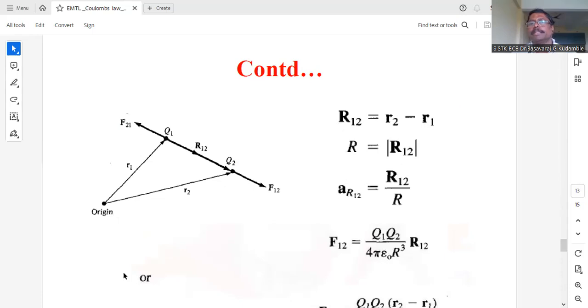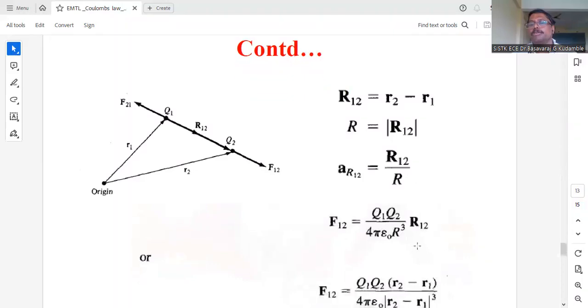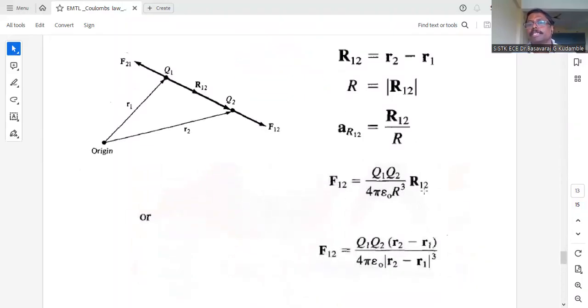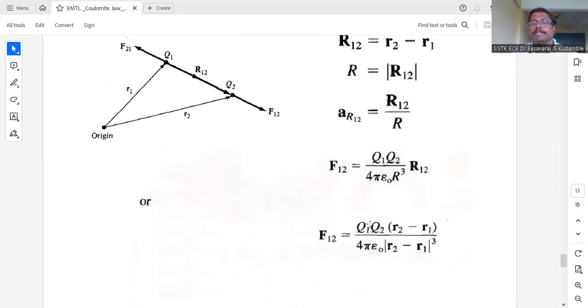The direction vector is given by the R12 vector divided by its magnitude. The R square that is already there is the magnitude, and with this another magnitude it becomes R cube in the denominator. So the force F12 on Q2 due to Q1 is given by Q1 Q2 by 4 pi epsilon naught R cube times R12. This R12 is calculated as R2 minus R1. Similarly, the magnitude is the modulus of R2 minus R1, taking the squares of the coefficients.